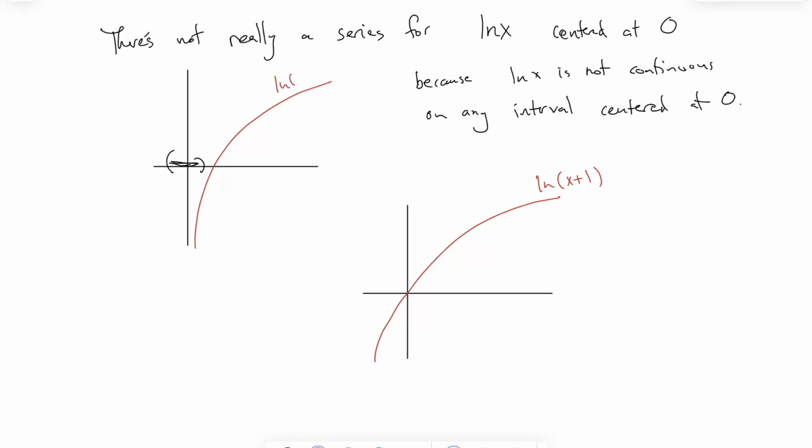This is ln of x, all right? And this one, you definitely can find a little interval around the origin where it's going to converge, right? That's why, for the sake of writing a series, ln of x plus 1 is a much nicer function to work with versus this one. There's really no hope of writing a series centered at 0 for that one.